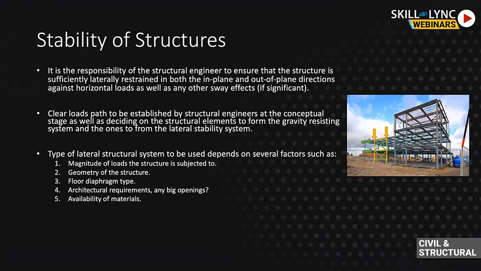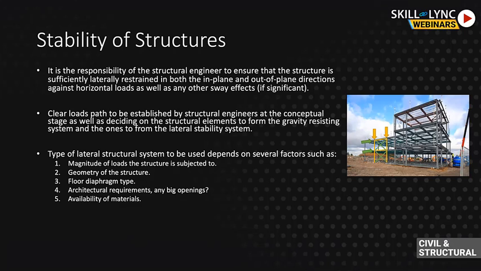So it is very important for the structural engineer to establish at a very early stage in the project, usually in the conceptual stage, what kind of lateral stability system they are going to go for, and the magnitude of loads that the system is going to resist.